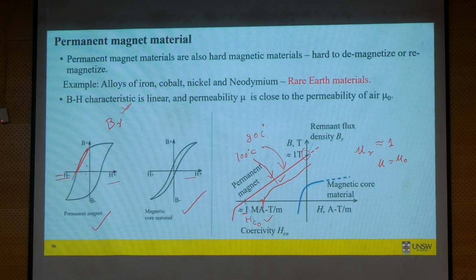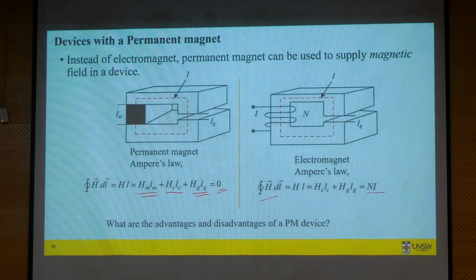This is not Hm. So Hm we could find by a load line. This operating point gives you the value Hm, and the B value related to this point is your Bm, the flux density in the magnet where it is surrounded by iron material like this simple circuit.